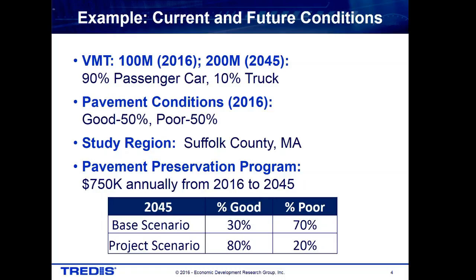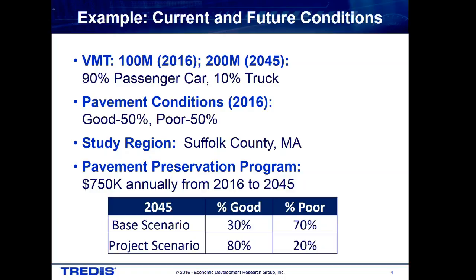Pavement conditions in the current year are roughly about 50% good, and the other 50% is in poor condition. If there's not any additional investment by the year 2045, some pavement condition modeling analysis has estimated that the amount of pavement in poor condition is unfortunately expected to rise up to roughly about 70%.